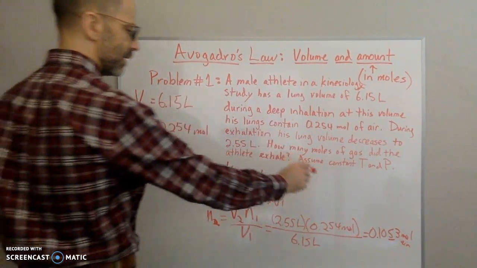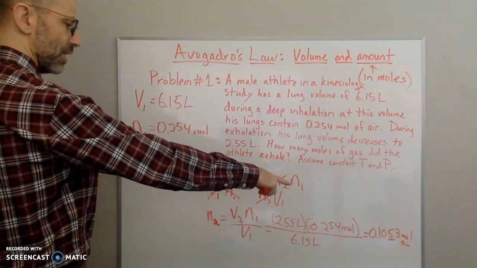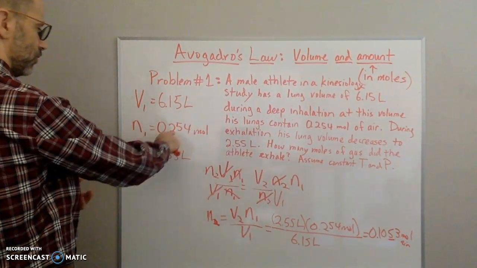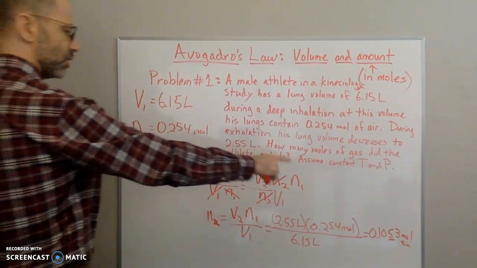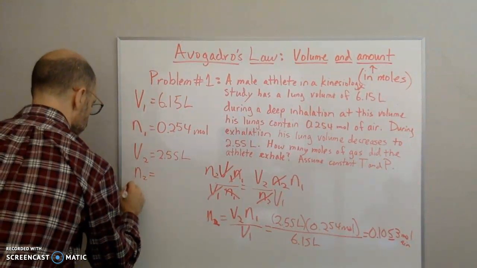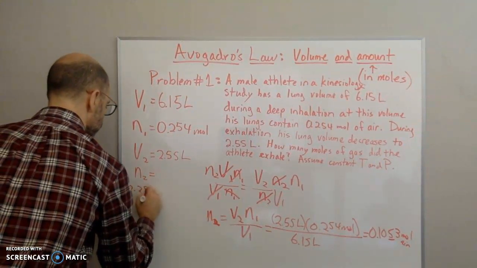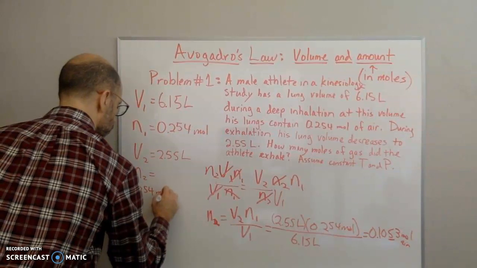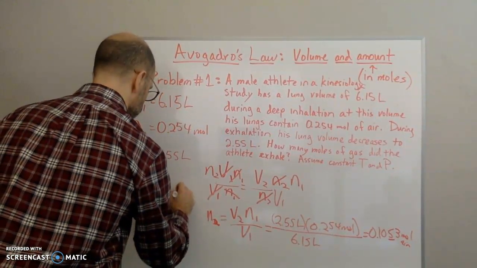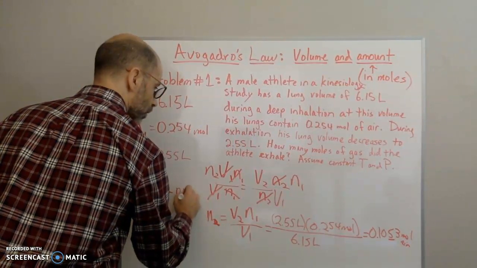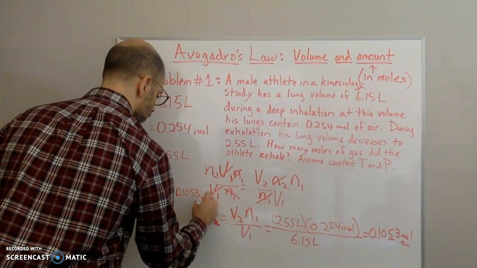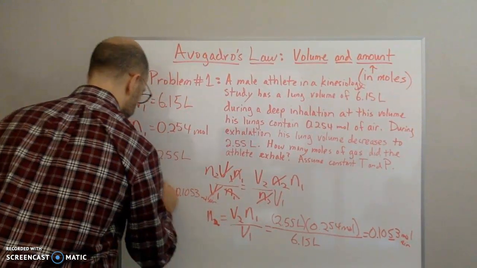I need to take that number, because that's the number that is left in the lungs after exhaling. This is the original amount, so I need to subtract that from this. So I have 0.254 moles minus 0.1053 moles of air.